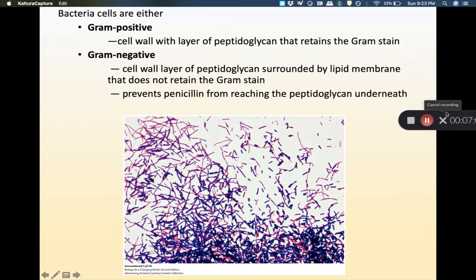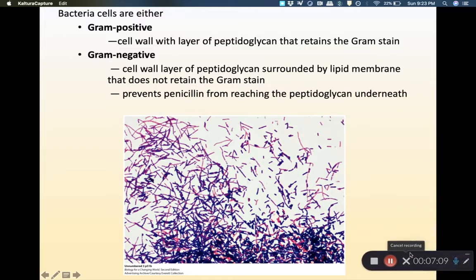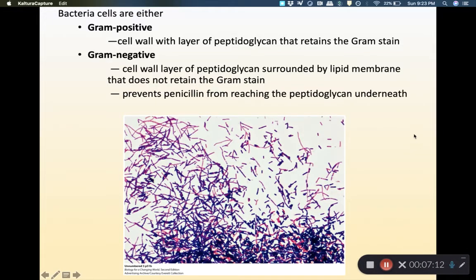One of the key features of prokaryotic cells is the presence of that cell wall. When we're thinking about bacteria, there are two major classes: gram-positive bacteria and gram-negative bacteria. In gram-positive bacteria, the cell wall with its layer of peptidoglycan can retain the gram stain.